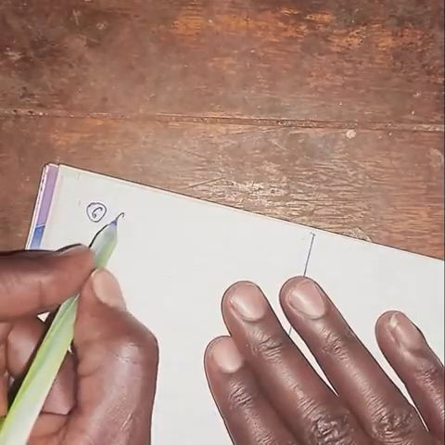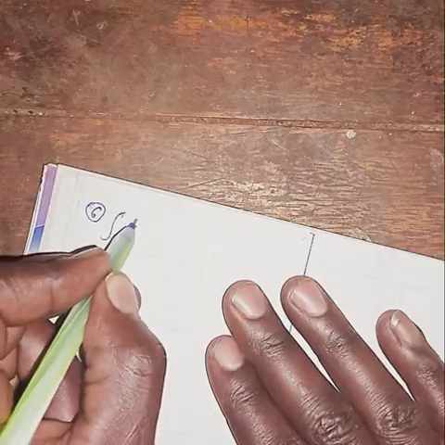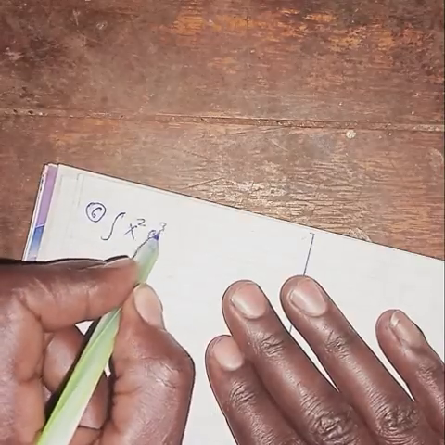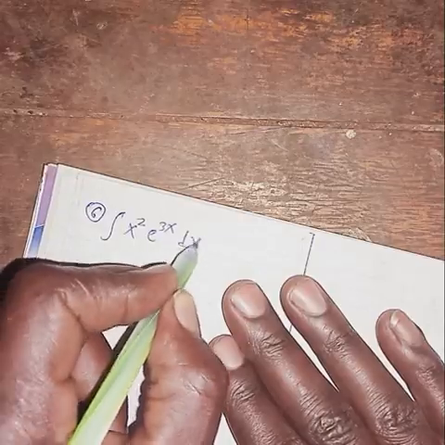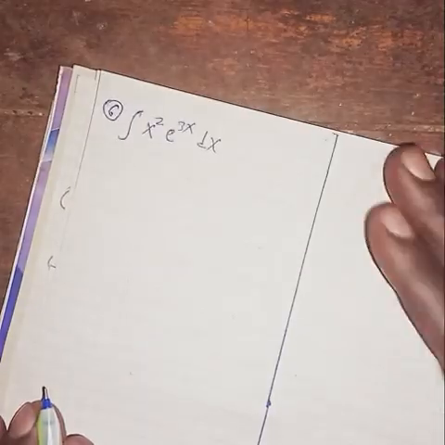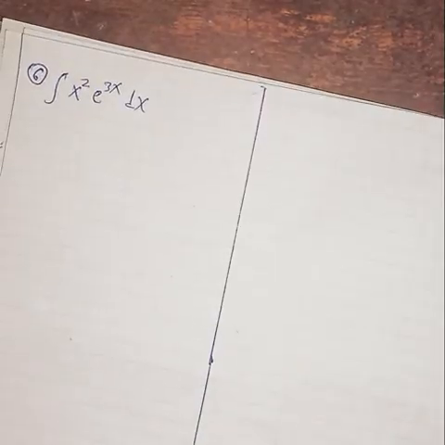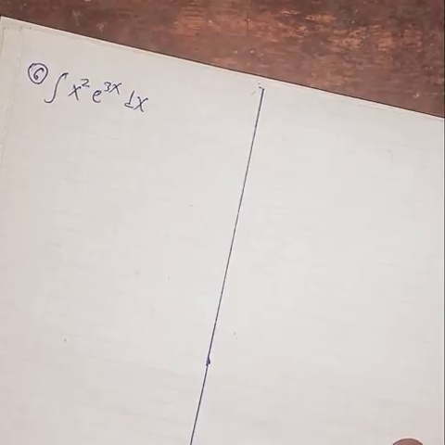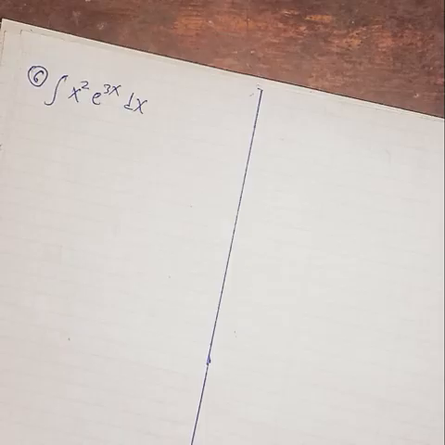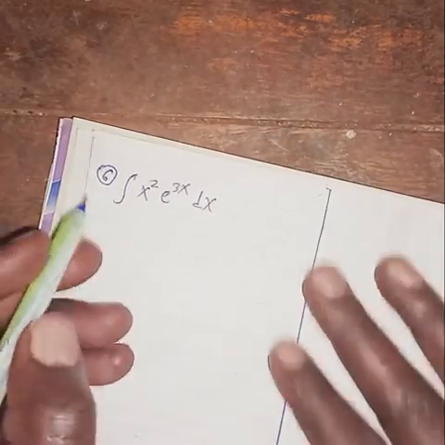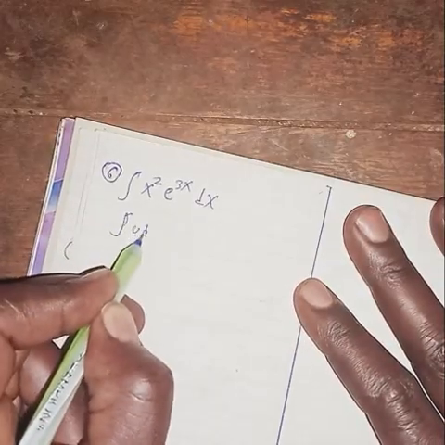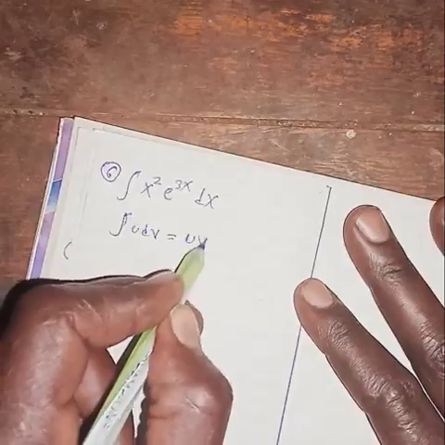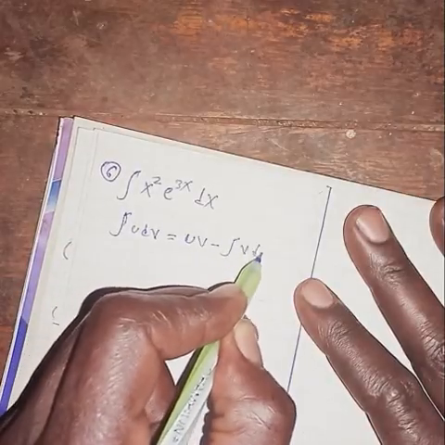Example 6, what does it say? I want to introduce you to something. You will realize that there are some functions whereby you need to integrate more than once. Let me write the formula first. The integral of u dv is equivalent to u phi minus the integral of v du.